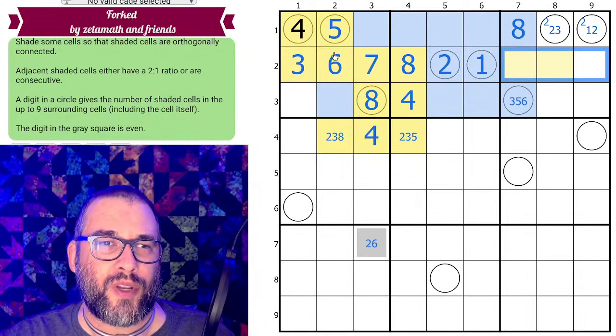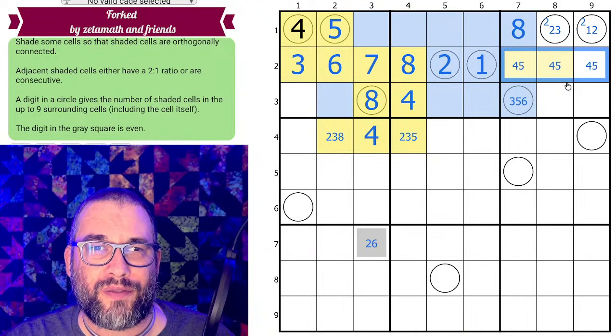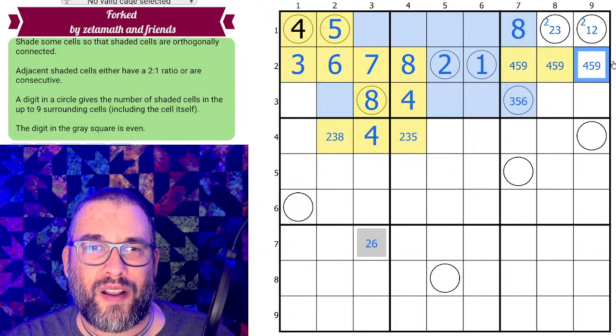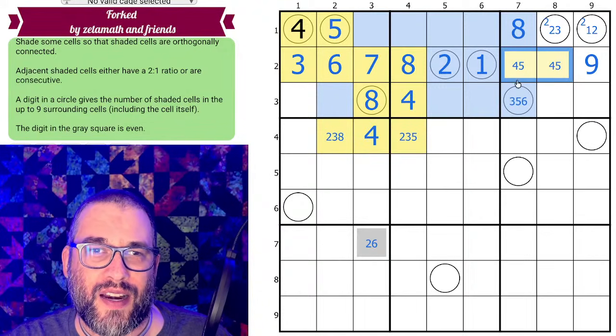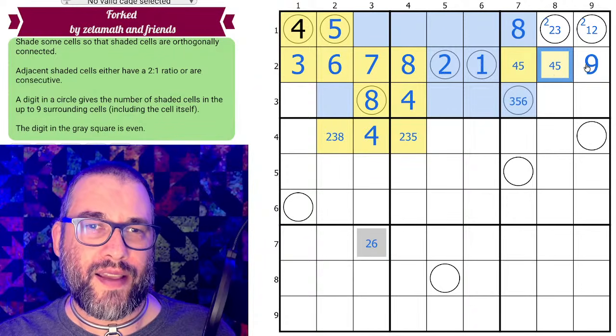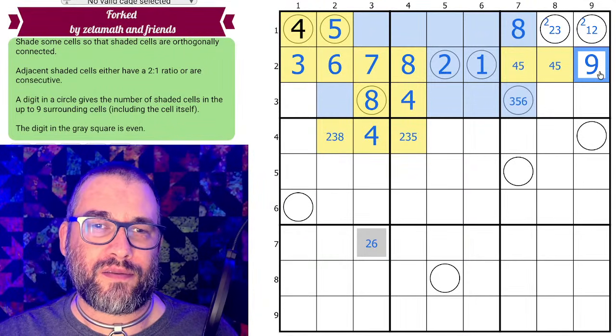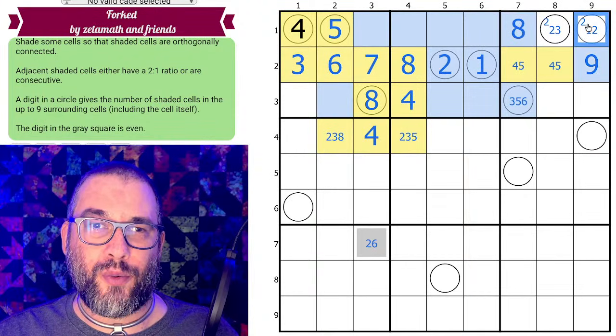Right. We can look at what these cells are by Sudoku. They're 4, 5, and 9. But if you look, if one of these is 9, it has no neighbor. So that's the 9. And now this can't be shaded. There's no way for this to be shaded, or it sees too many.